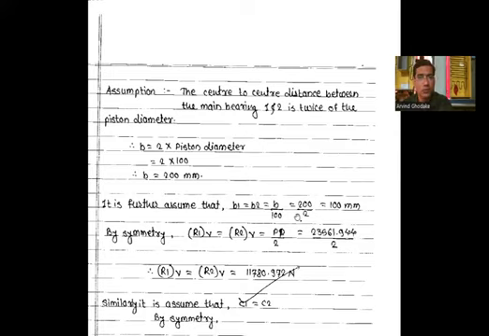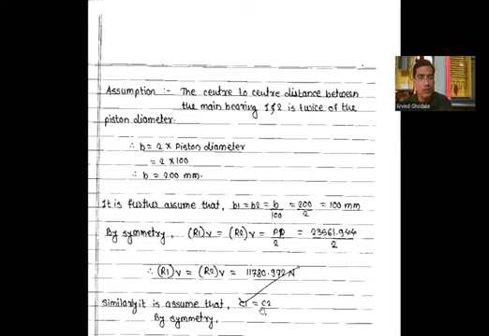By symmetry, reaction R1V is equal to R2V is equal to PP upon 2. So we get the reaction forces as 11,780.972 Newton.